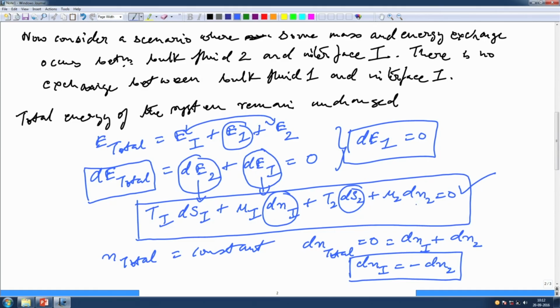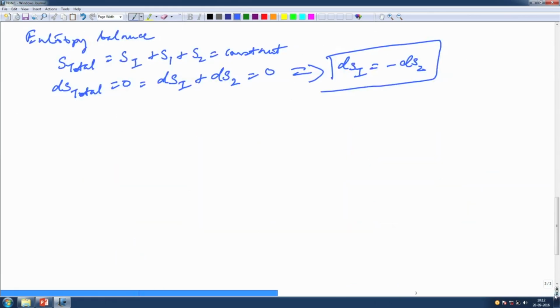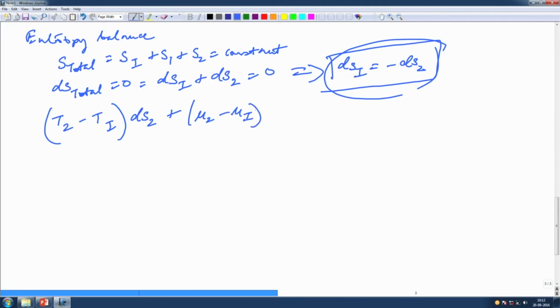We can try to cast them in one particular form by using these relationships. If we do that, then this becomes dS2 plus (mu 2 minus mu i) dN2 is equal to 0.